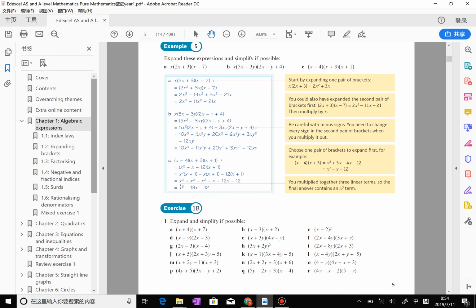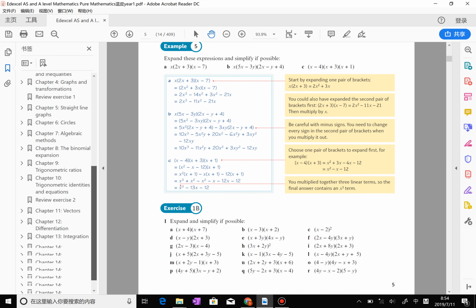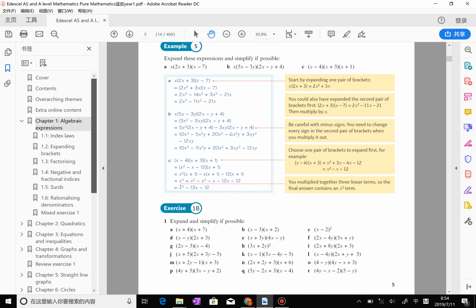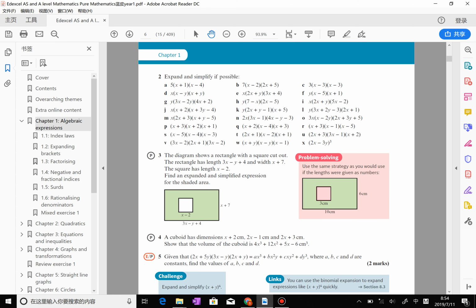And for the rest of the tutorials, only those exercises I think you may not be able to finish, or you may have some trouble with based on my experience, I'm going to write the steps so that you are able to follow. Okay, and for exercise 2, they're all just basic practice. I hope you could finish them all and get them all correct.